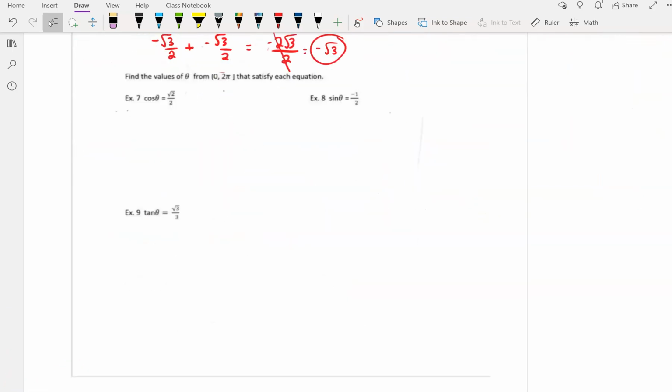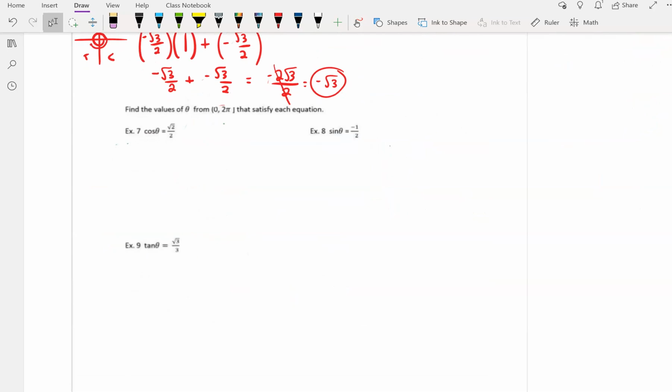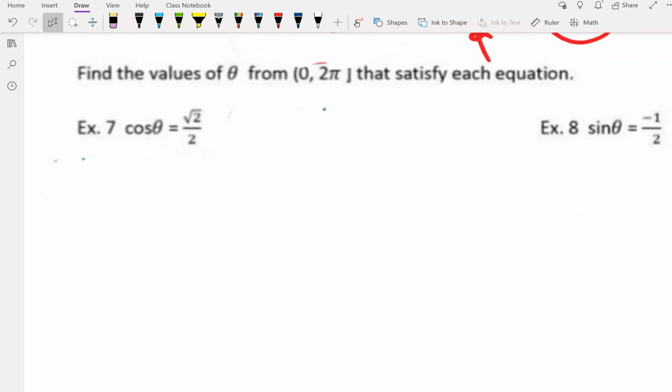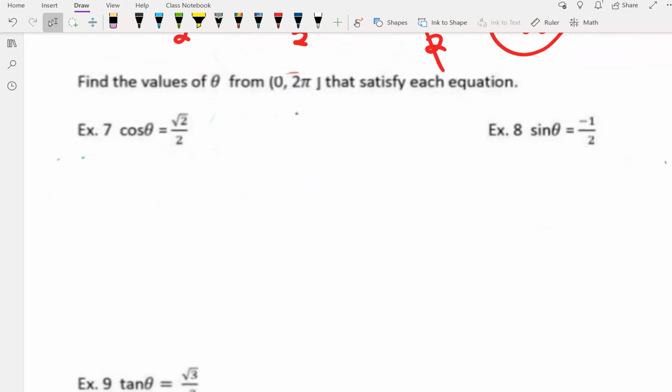All right, now I believe we are on the last section of the notes. And we are supposed to find the values of theta from 0 to 2 pi, so within one revolution, that satisfy each condition. So where is cosine of theta equal to root 2 over 2? So I'm going to use a smart trig class for this.